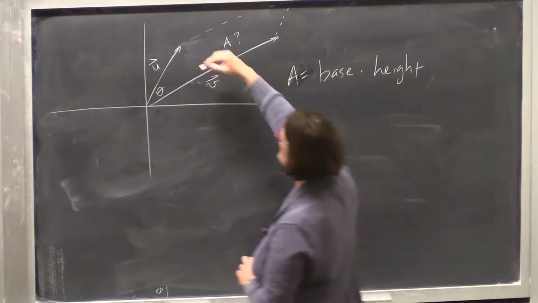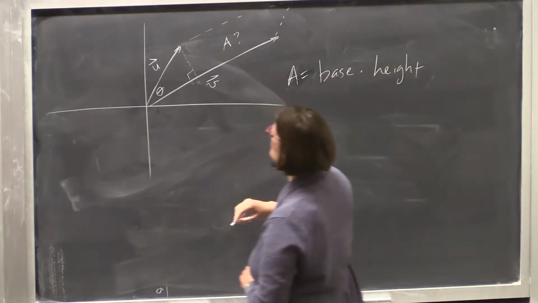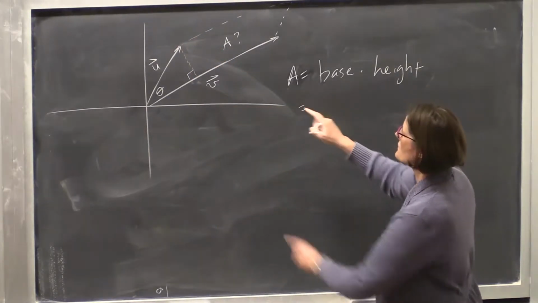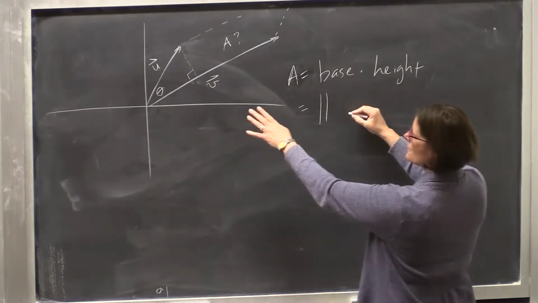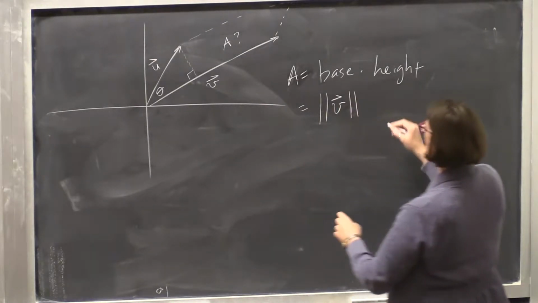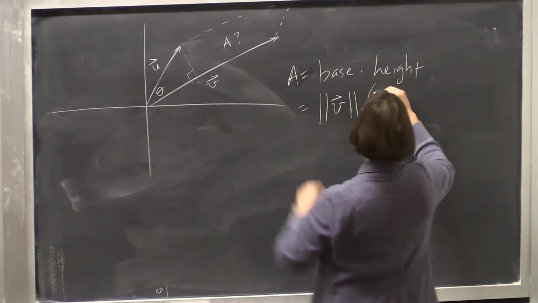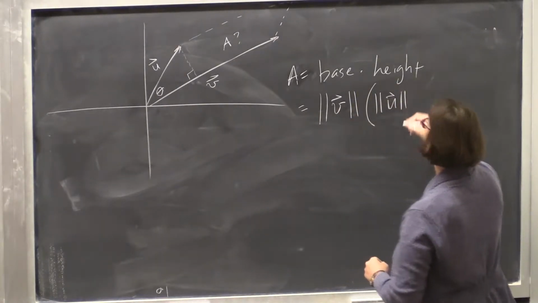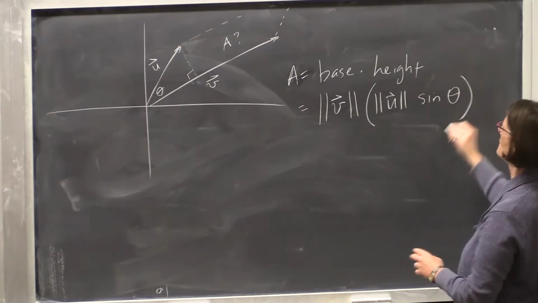And so the height is, we drop down. We've got a right angle. So the base is the length of what? V. Using our friend from trig, the height is the length of u times what? Sine theta.